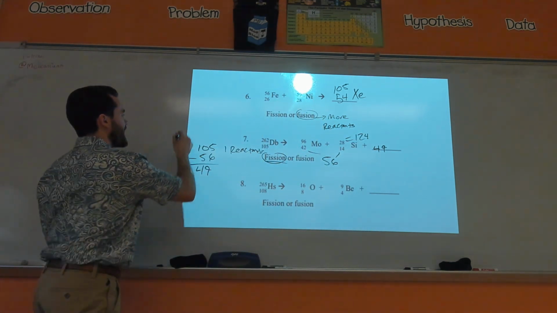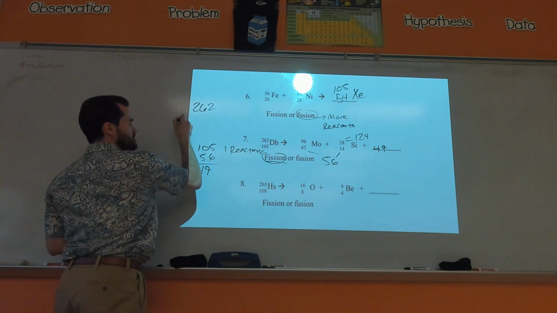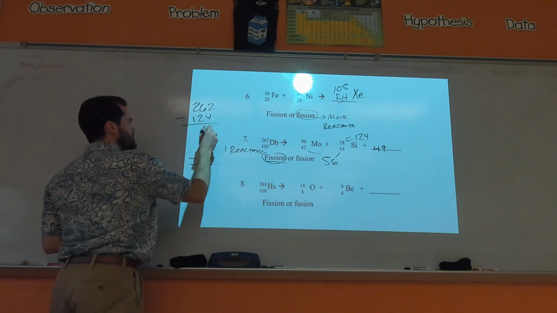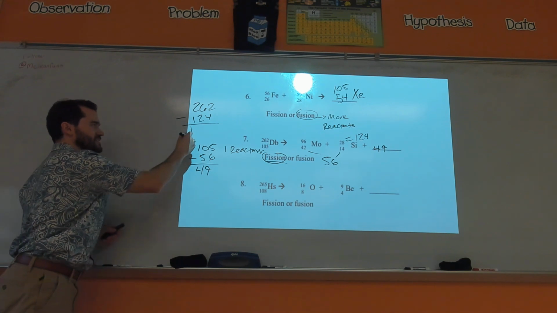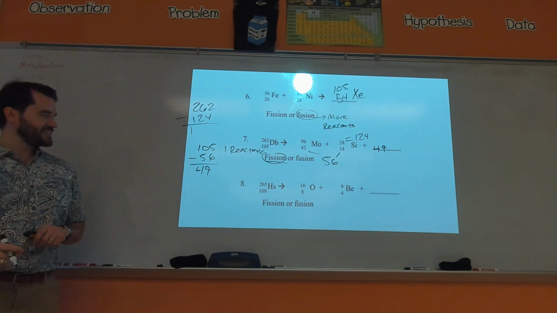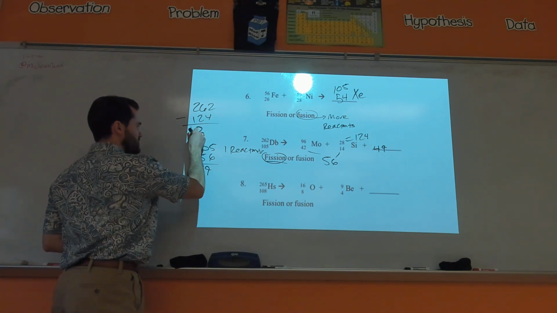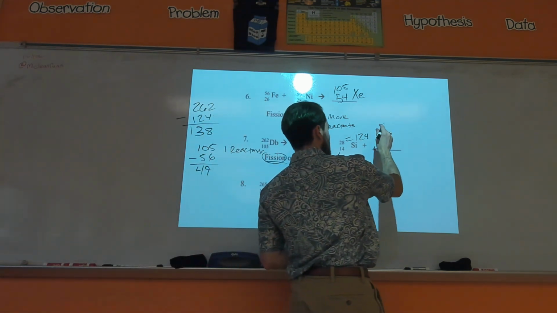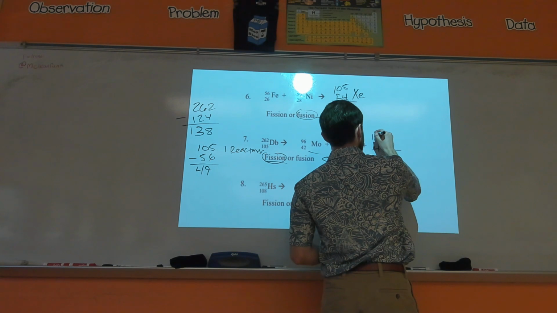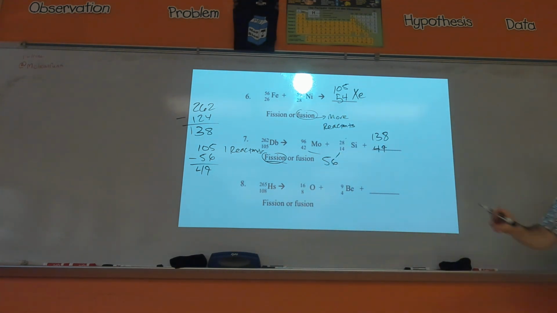Then if we subtract 124 from 262, we get 138. That is correct. That's correct, young man. Okay, so 138, that's your mass number.